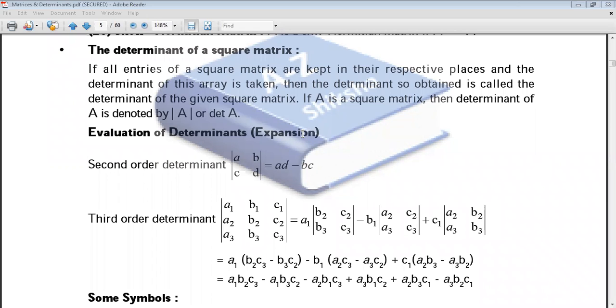A determinant will have equal numbers of rows and columns, but a matrix may or may not have equal numbers of rows and columns.